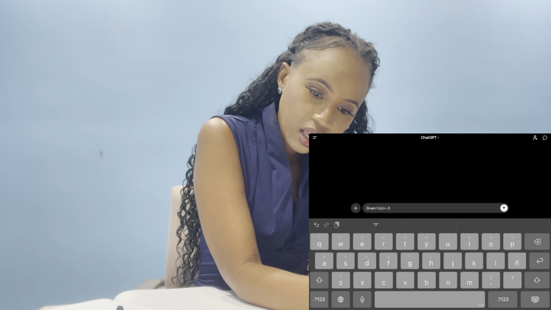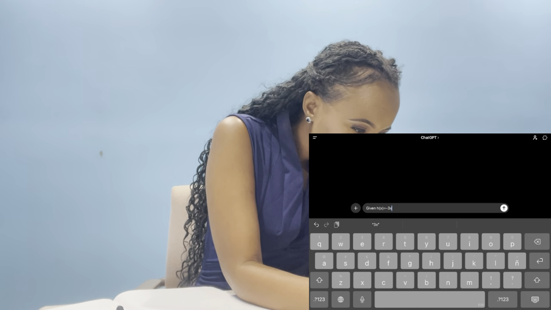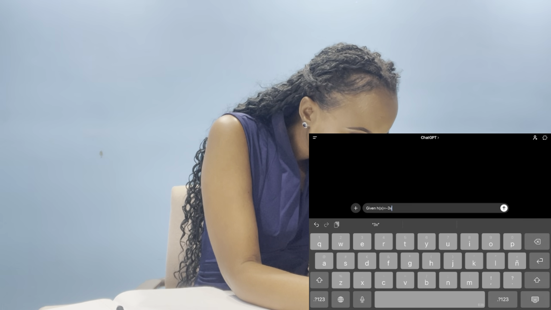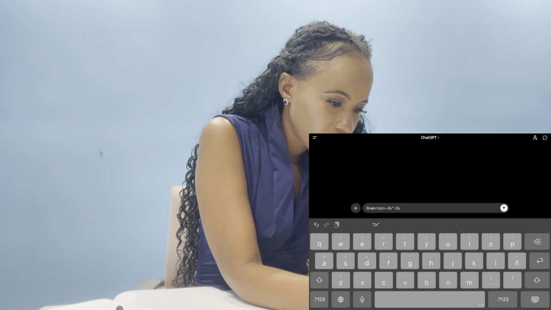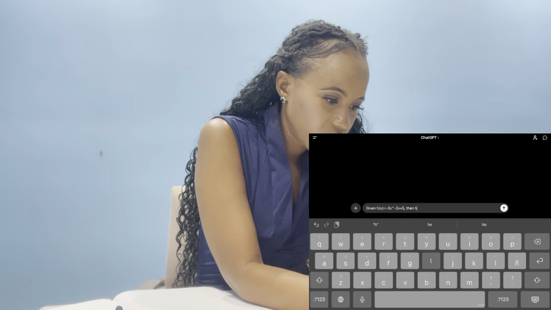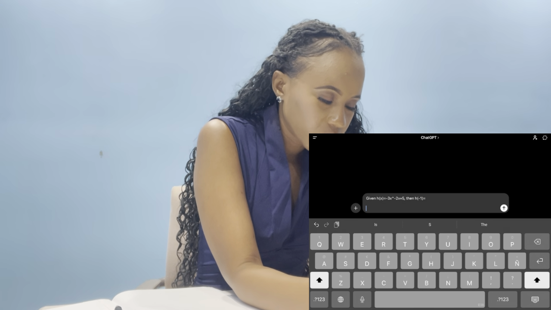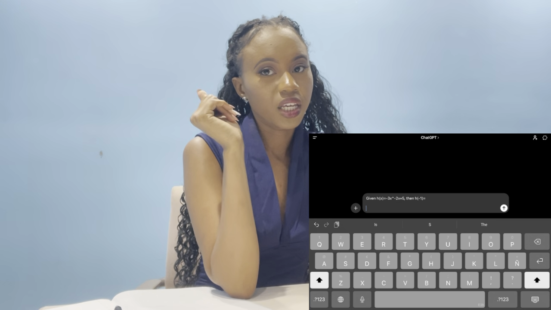So given h of x is equal to negative 3x squared minus 2x plus 5, then h of negative 1 is equal to, what I'm going to tell it to do is give me a similar question.